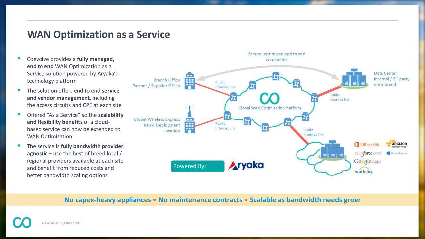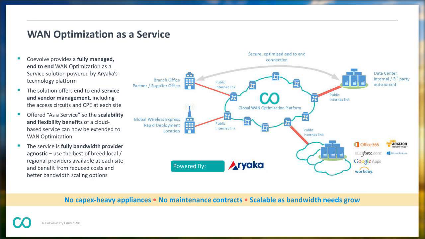And our solution leverages existing internet infrastructure that most enterprises have deployed at branch offices and remote sites around the world, where you're taking that existing internet connectivity and, instead of building VPNs over that back to a data center and taking that traffic all the way across the internet, we layer in a global optimization platform in the core in between those remote sites and those data centers.